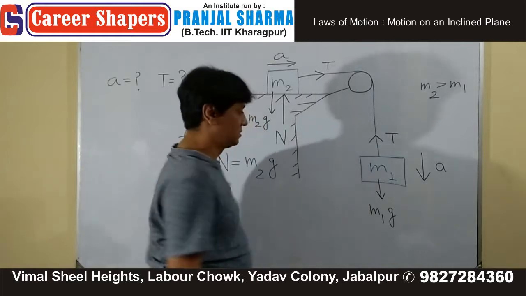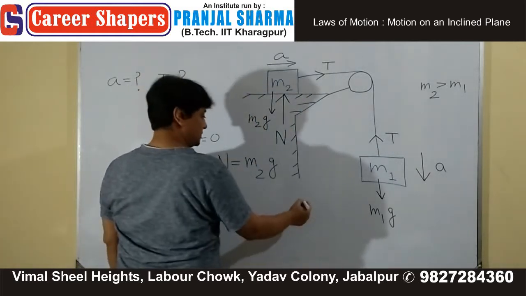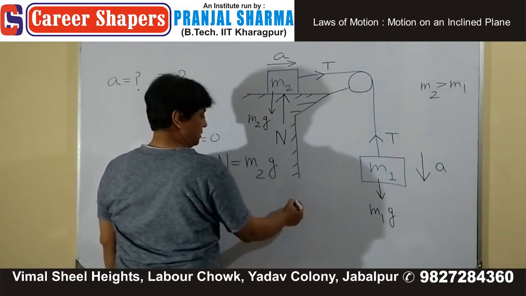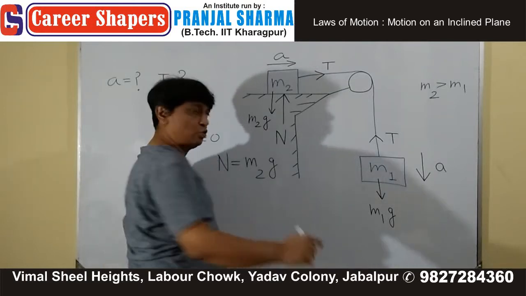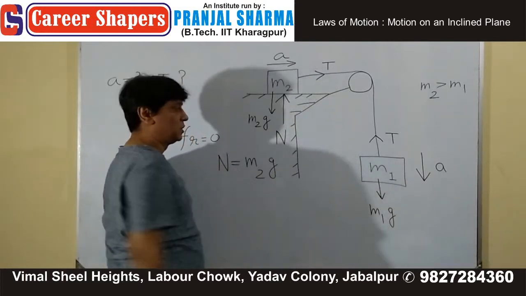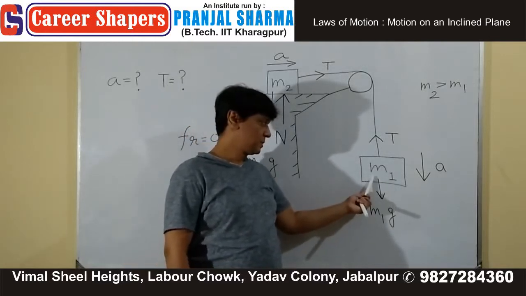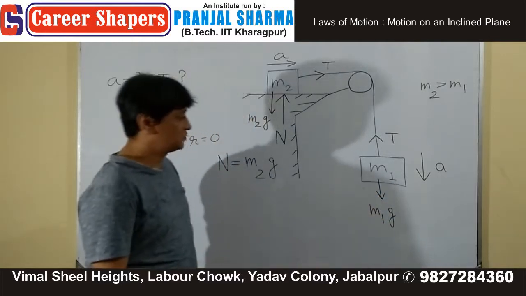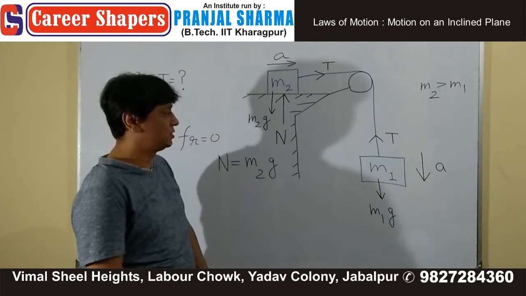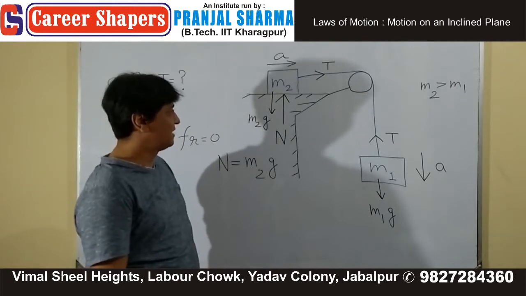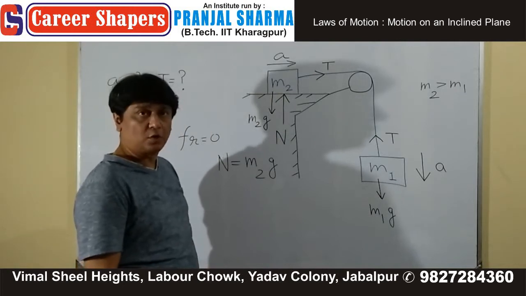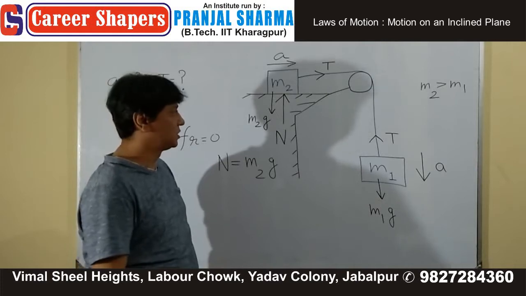For m1, do one thing, write down F equals to ma, this equation for m1 fast. In just 5 seconds, write down the equation for m1 the way we write total force equals to mass into acceleration. Do it fast.